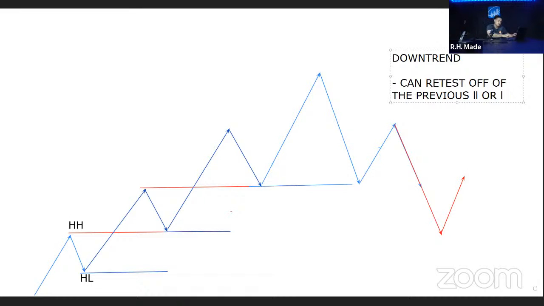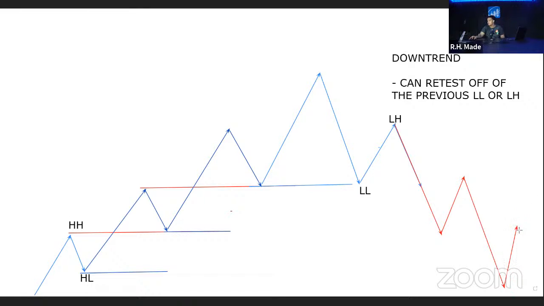So just like the uptrend, it has two options. It can either retest off the lower low or the lower high before continuing the downtrend.